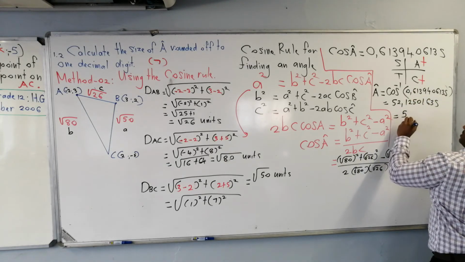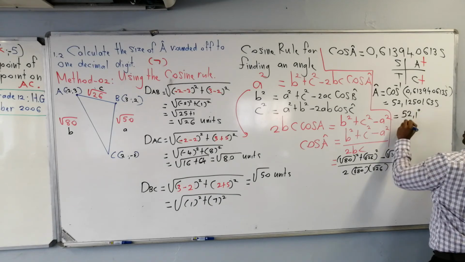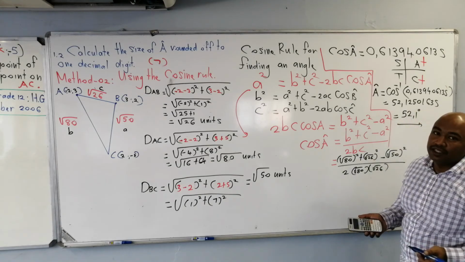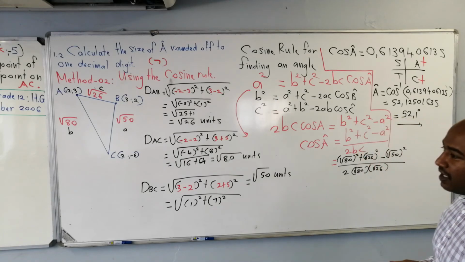Rounded off to 1 decimal place is 52.1 degrees, and we get the same answer.